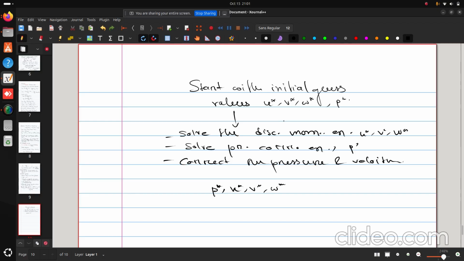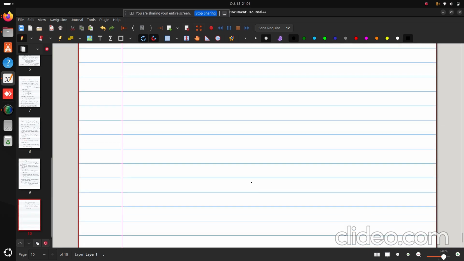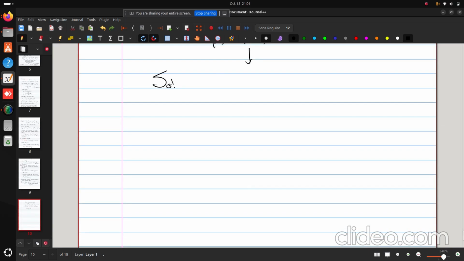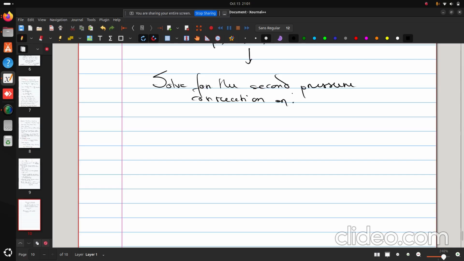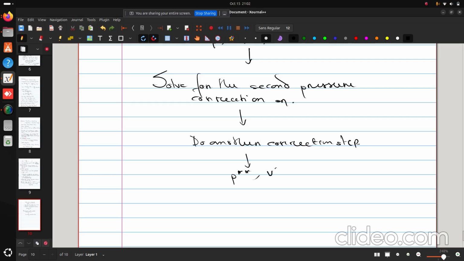Then we solve for the second pressure correction equation. Then we again do another correction step, and we get the final or the intermediate velocity and pressure fields.